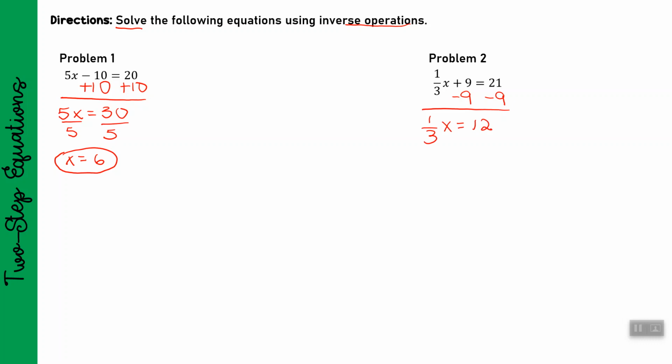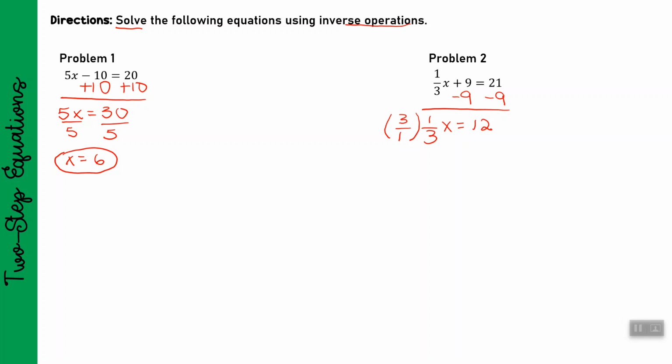Now, we talked about this in one-step equations. Well, first, 1/3 is a coefficient. It's being multiplied by x. So the inverse operation is going to be to divide by 1/3. But again, what we looked at in one-step equations is that when we divide by a fraction, we are multiplying by what we call the reciprocal.